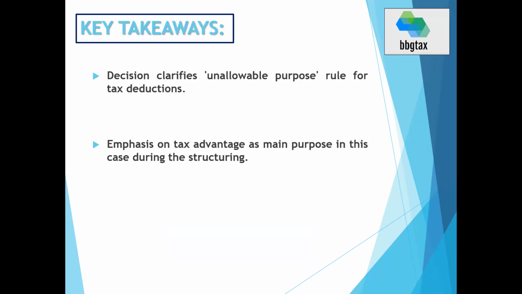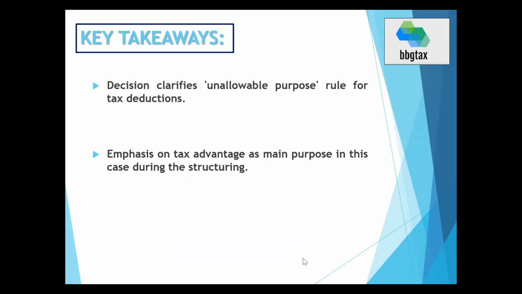Now, the key takeaways of this decision are essentially that it clarifies the application of the unallowable purpose rule for tax deductions. This case serves as a critical reminder of the importance of aligning tax planning strategies with legitimate business activities.